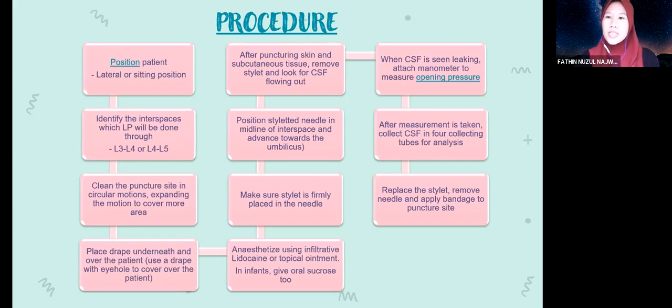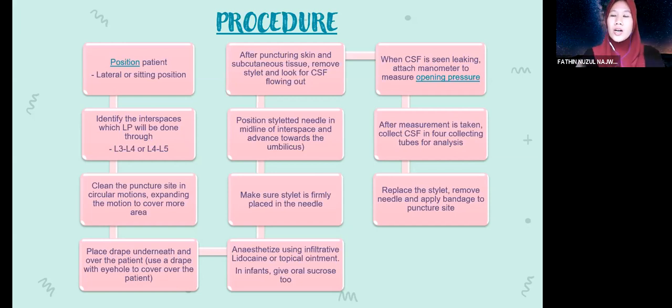And after anesthetizing, we would want to puncture the site now. However, first we have to make sure that the stylet is firmly placed inside the needle. And then afterward, we place the stylated needle in the midline of interspaces. And as we push the needle, we have to advance the needle towards the umbilicus so that we won't hit any bones if we go straight.